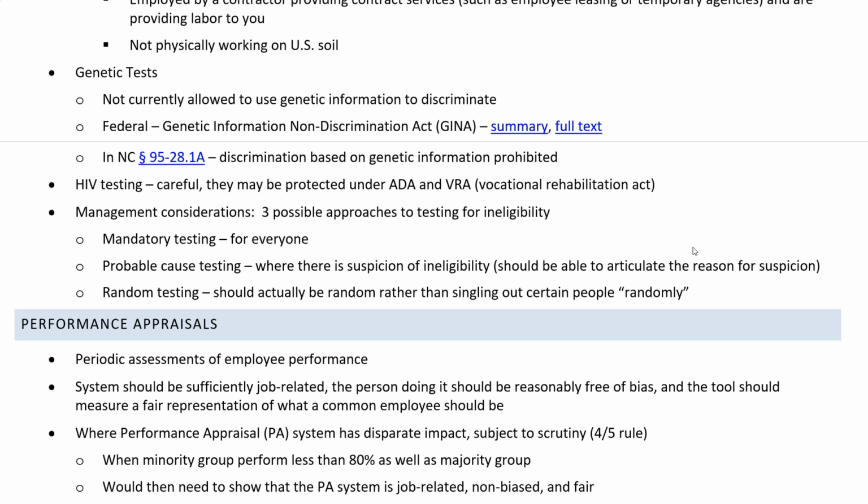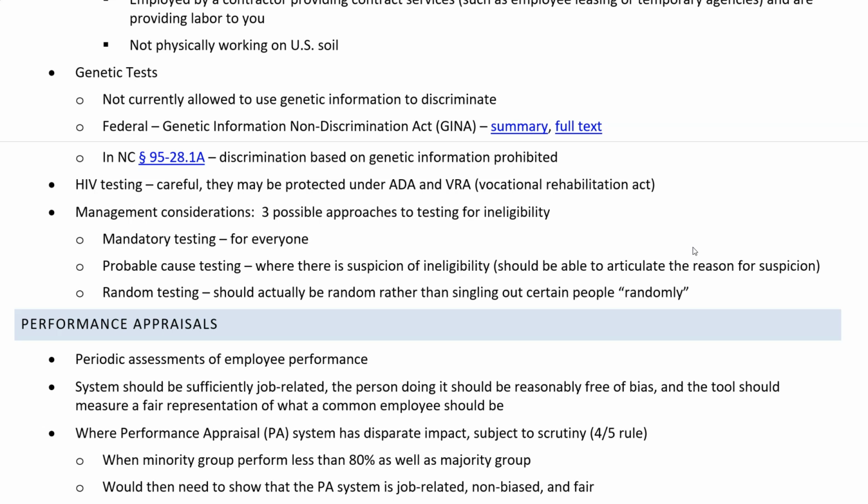Okay, so conclusion to this little section of this lesson here. So 3 possible approaches for testing for ineligibility for a position. One is, okay, we can do mandatory testing for everybody. That way everybody's treated fairly because everybody has to take the test.